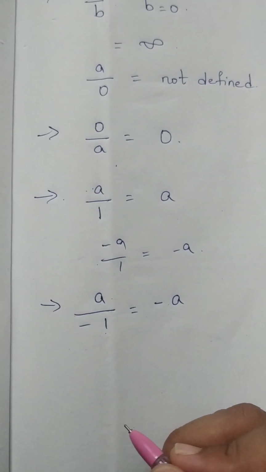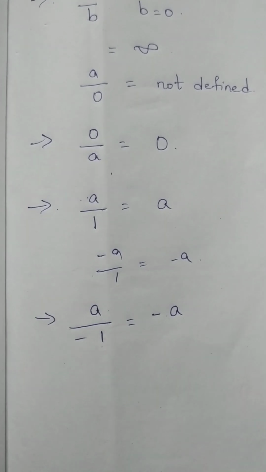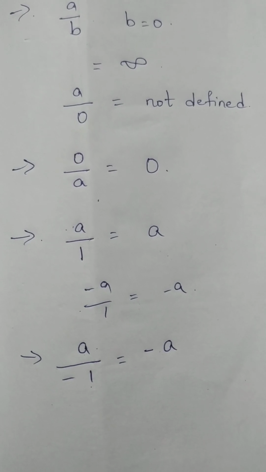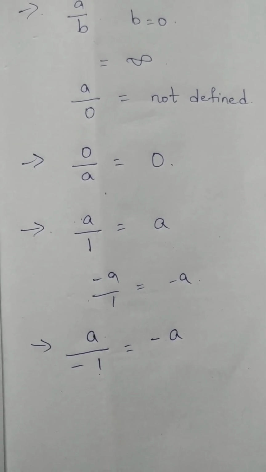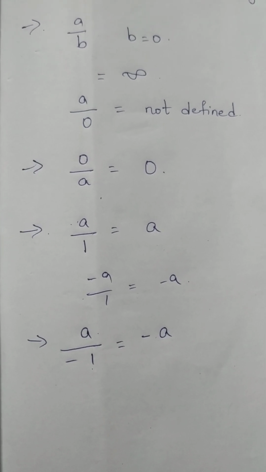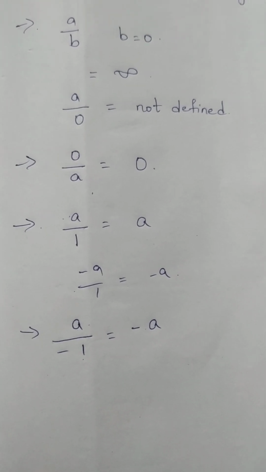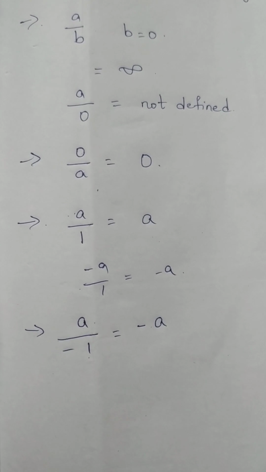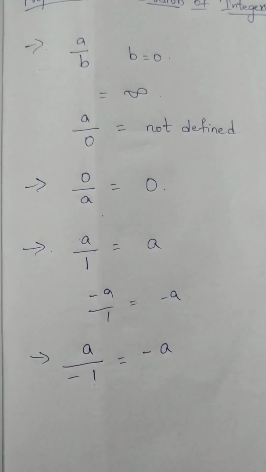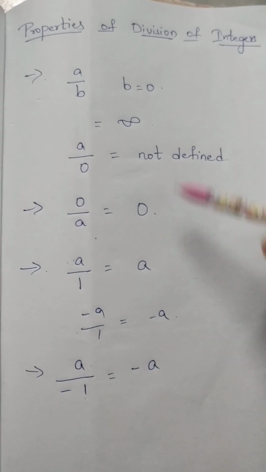Is that clear, children? And so on. Associative property and all these are not actually verified. Usually the distributive property only works for multiplication over addition and multiplication over subtraction. So these are the properties which you have learnt.